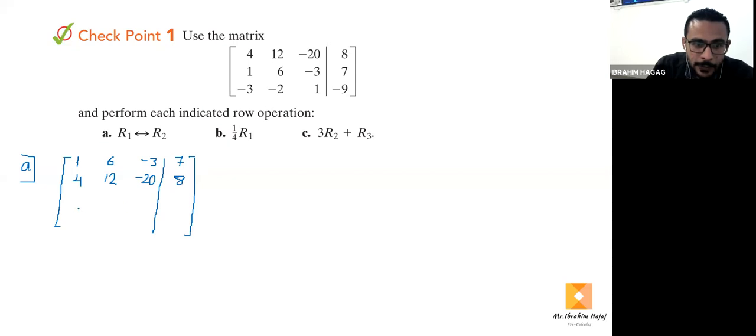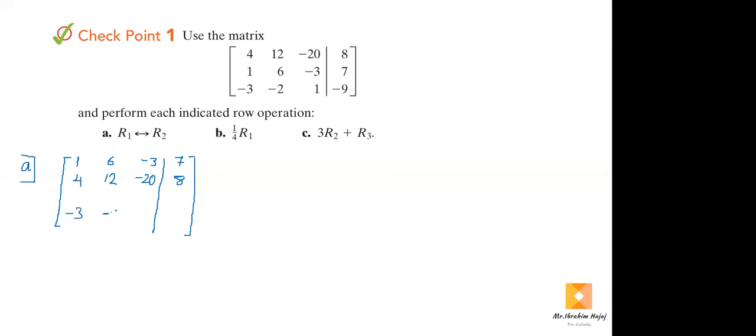Row 3 stays the same: negative 3, negative 2, 1, negative 9.